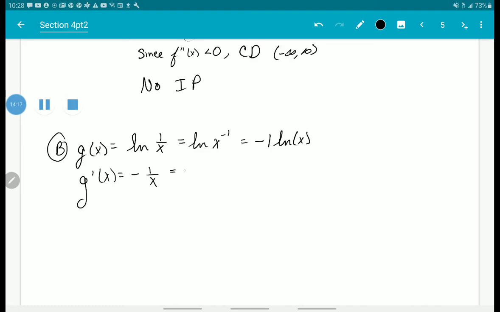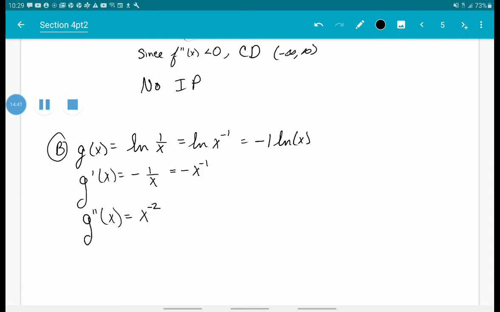And we could rewrite that as negative x to the negative 1. And then we need to take a second derivative. And we're going to have, when we bring that exponent down, now a positive 1 and subtract 1 from the exponent. So we're going to have x to the negative 2.